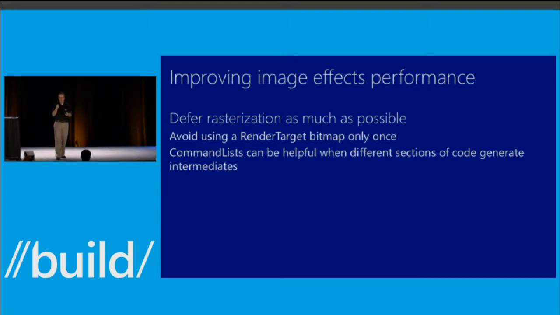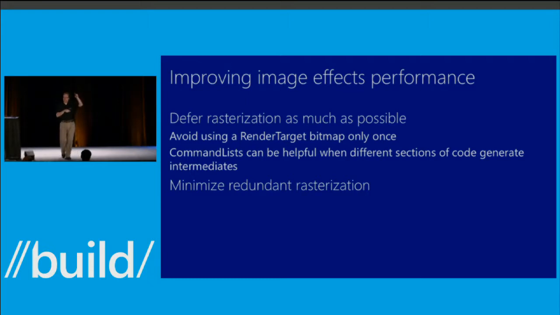Again, what you want to do is avoid just rendering once to that bitmap and then sending it off. Now, on the other hand, if you're using that in multiple places in an image effect pipeline, think about, I want to do a drop shadow, so maybe I'm applying that in one place, but then I have another path through, so I have one here and both going in.